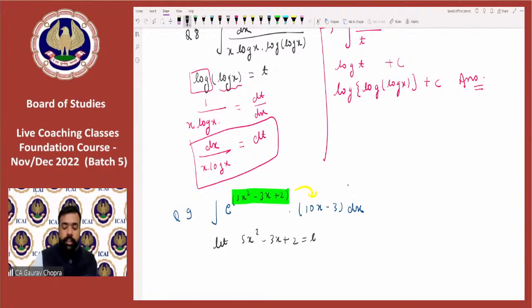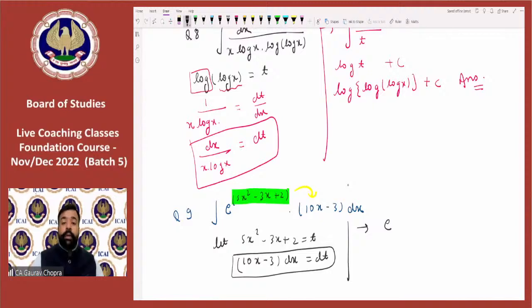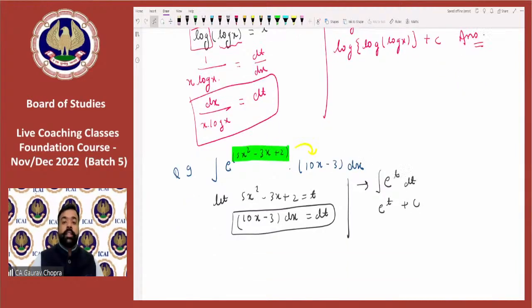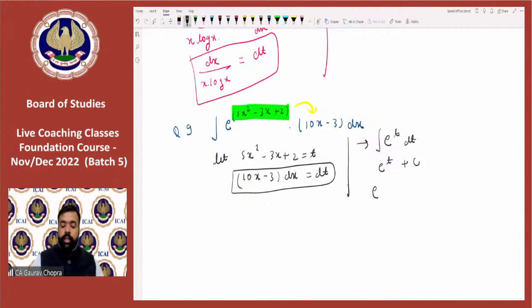We have taken this as t, so it will become 10x minus 3 dx is equal to dt. So in this place we can write dt. So e to the power of t dt. Now we can integrate this and get the answer. So it will be same e to the power of t plus c, and in place of t we can write again 5x square minus 3x plus 2 and then plus c constant.